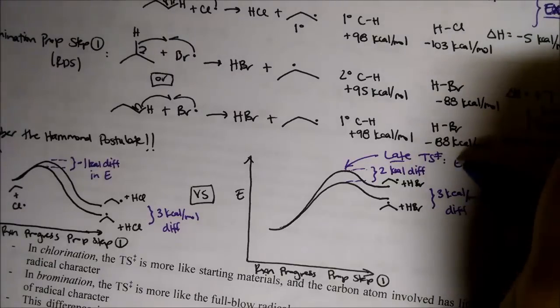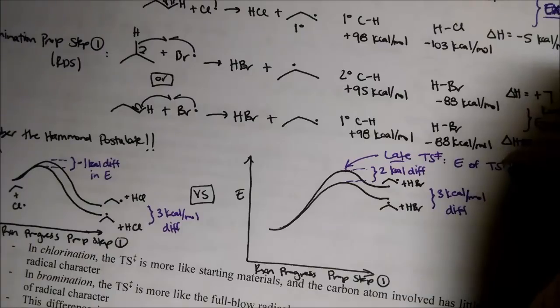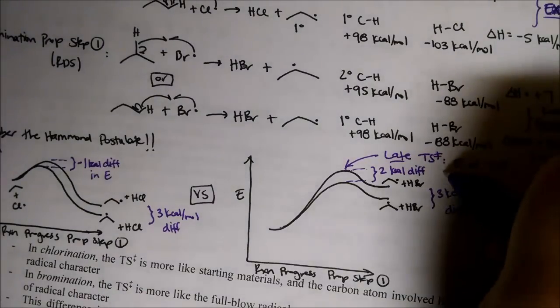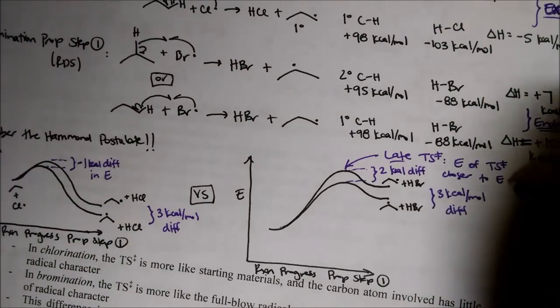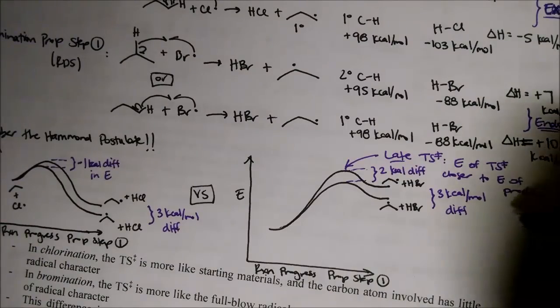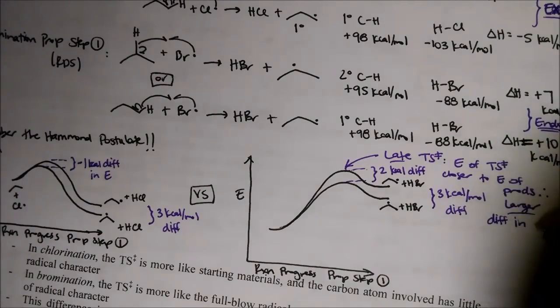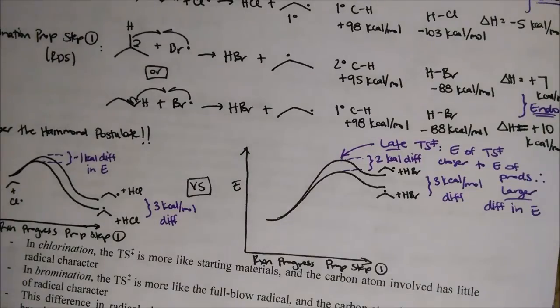This energy of the transition state is closer to the energy of the products. Therefore there's a larger difference in energy, and it's this larger difference in energy that is the source of our selectivity.